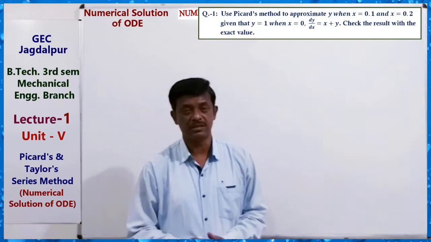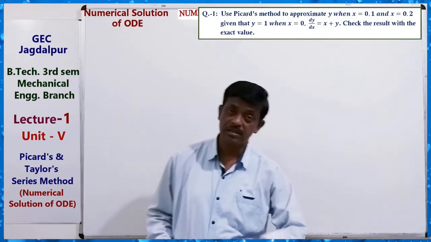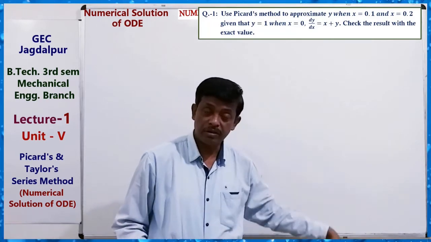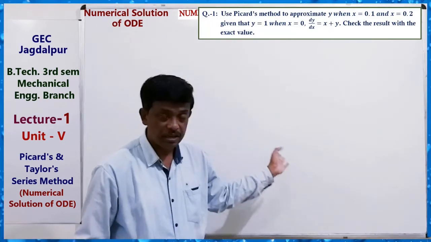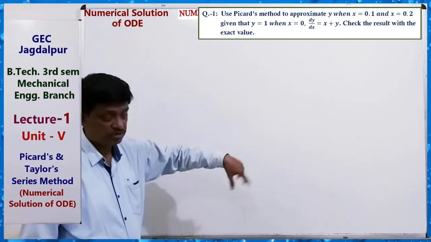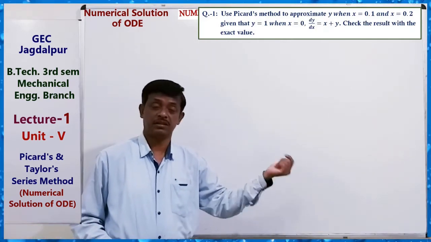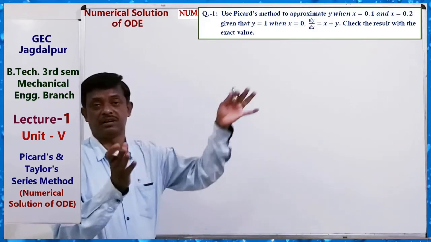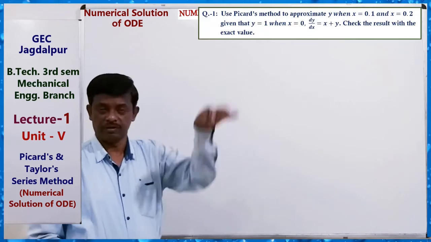Comparing with the exact value means first find the value by a numerical method, Picard's method, and then analytically solve the differential equation, put in the particular value of x, get the value of y, and compare the two values, by the analytical method and by the numerical method.